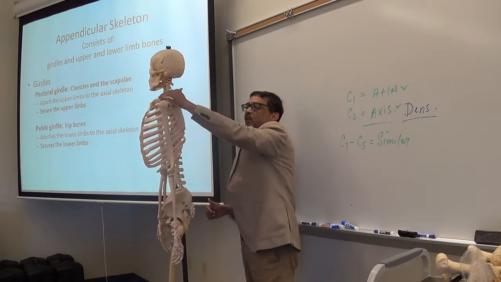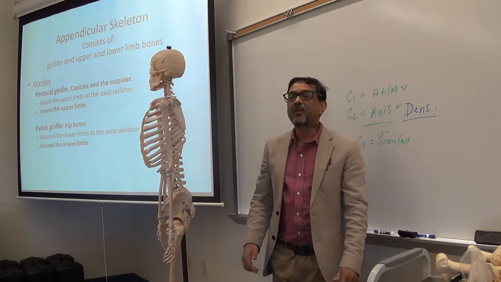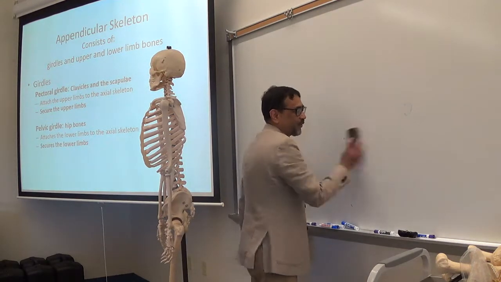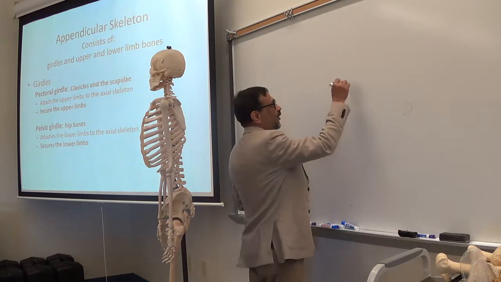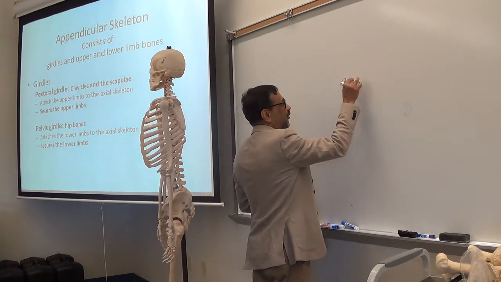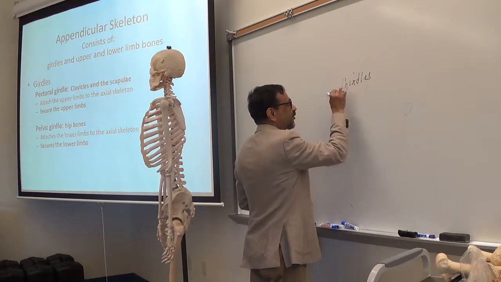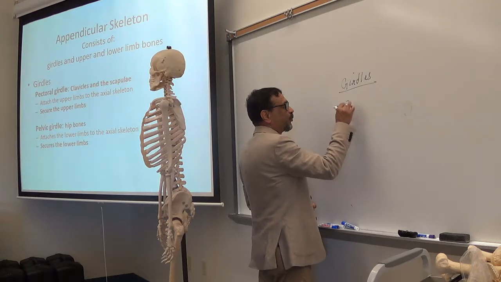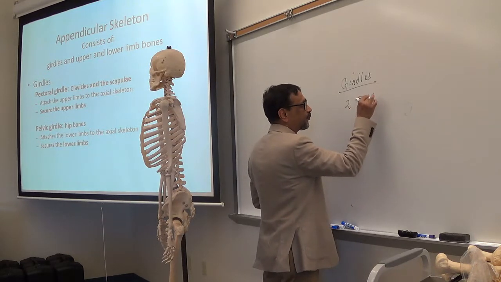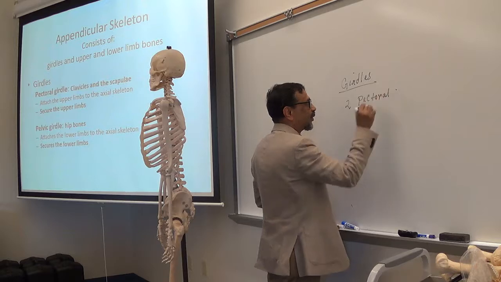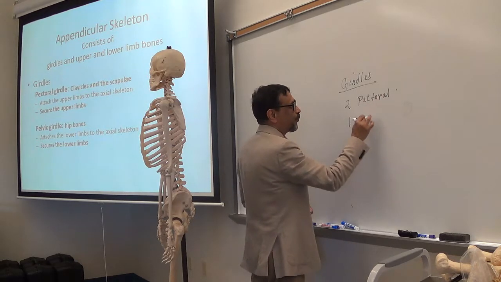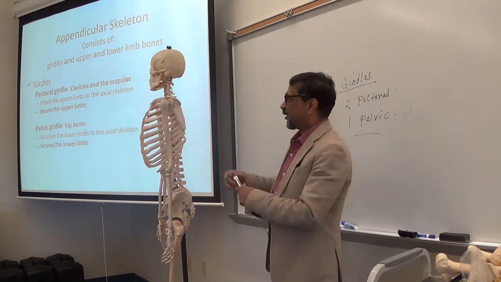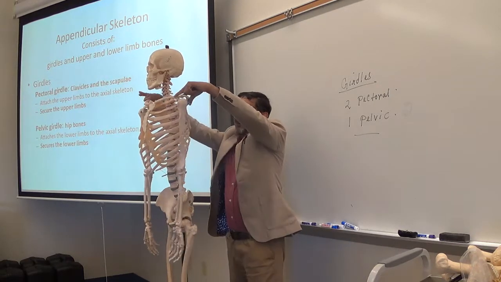And these two bones together form the pectoral girdle. So first you need to know girdles. You have two pectoral girdles and one pelvic girdle. Look at this again. These two are what?